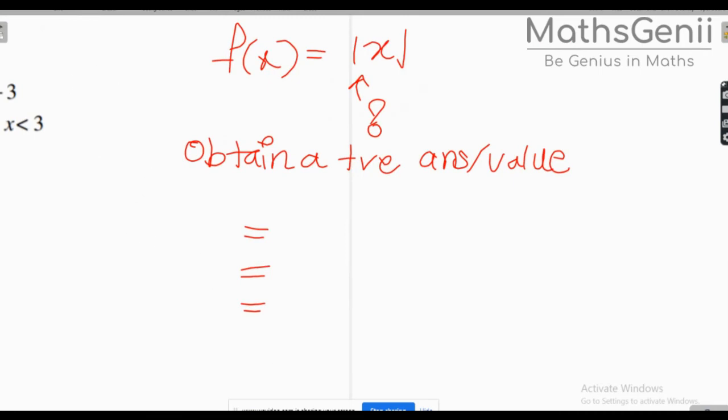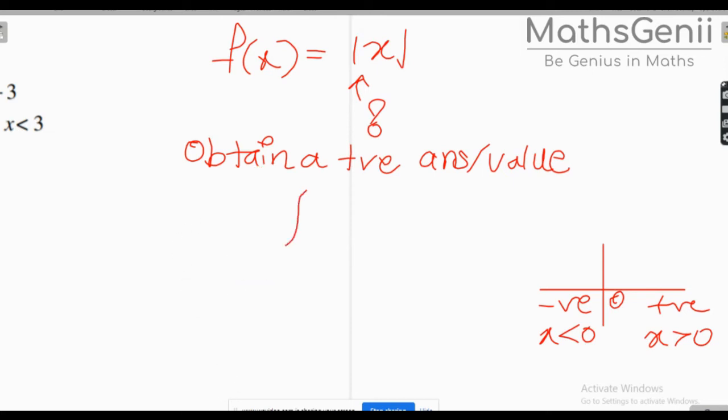So you have a number line. In the number line, you have 0, this is all the negative values, and this is all the positive values. So this is going to be all the values of x less than 0, and this is x greater than 0. So how is it expanded? It's going to be for x less than 0, for x equal to 0, and for x greater than 0.